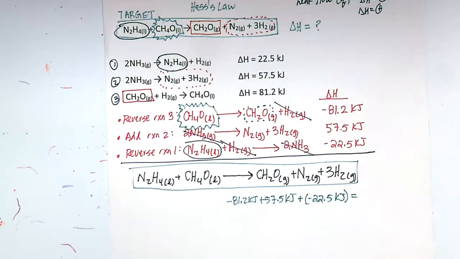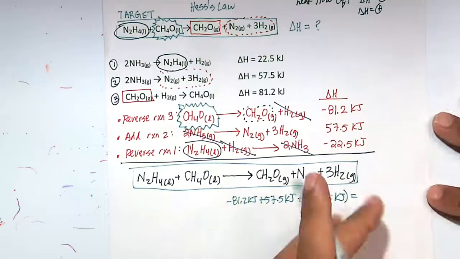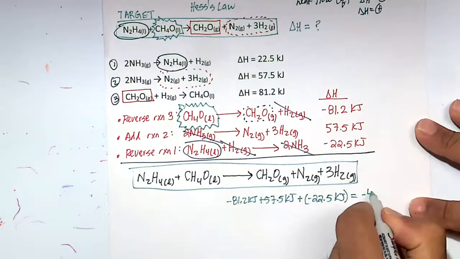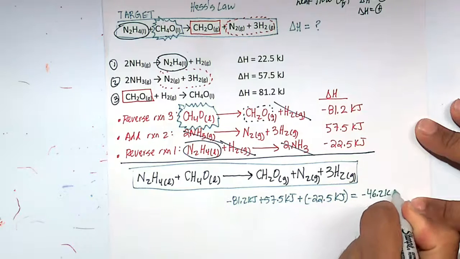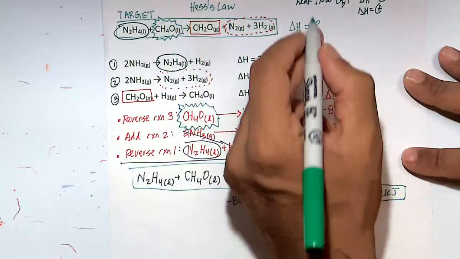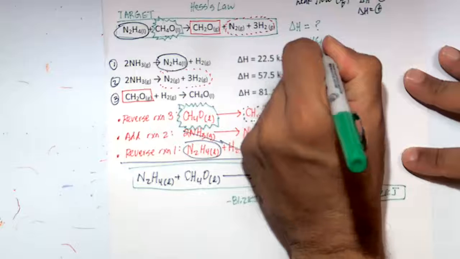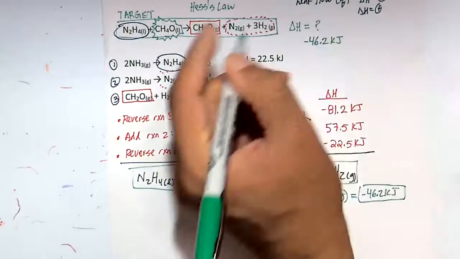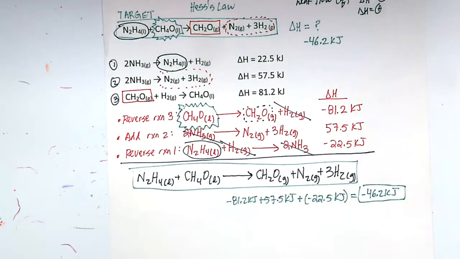Okay, so you add all these up, and you get the target, add up the enthalpies, and on my calculator I'm getting minus 46.2 kilojoules. Okay, it's still exothermic. Why do I say it's exothermic? Because delta H is negative. So that's how you do a Hess's Law problem.